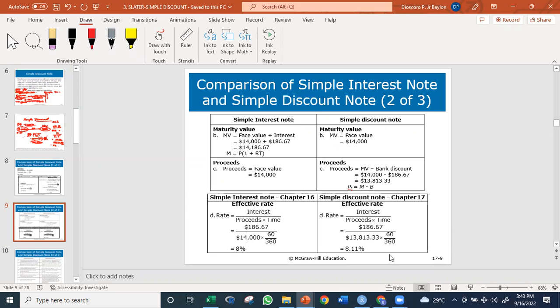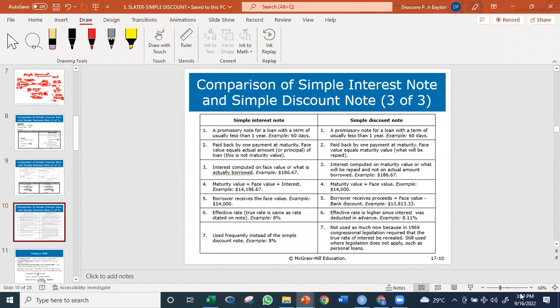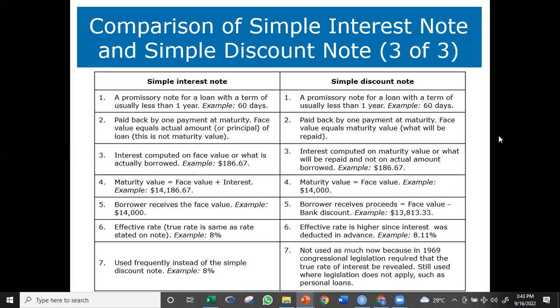So the effective rate for the simple discount is higher, which means from the perspective of the borrower, mas mataas to. So if you were the borrower, you would want the agreement to be a simple interest instead of a simple discount.